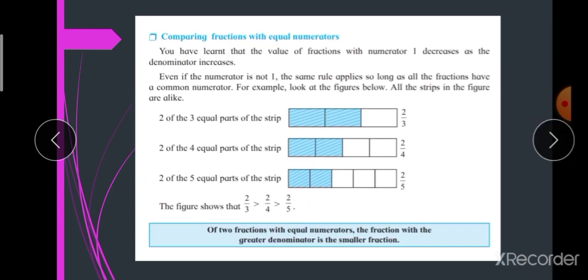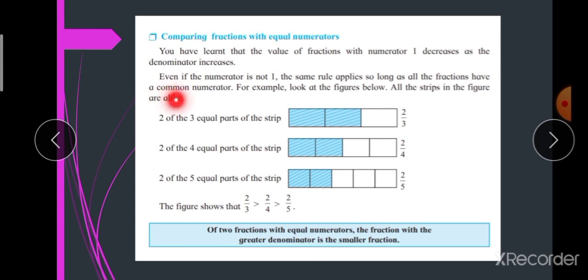Now we are going to see the comparison with equal numerator. Here we have a strip which we are going to divide accordingly, and we'll see, if the numerator is same, what happens to the denominator. When the numerator is same, the value decreases as the denominator increases.